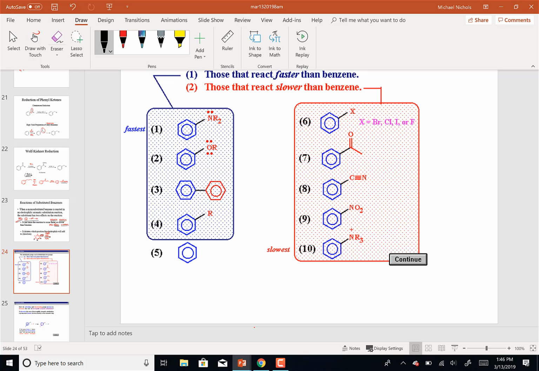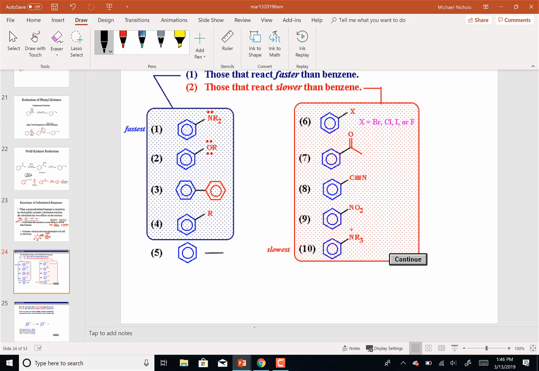But what I've done is split it in half, because here's benzene. The first 4 groups cause the benzene to react faster. Those are my activating groups. The rest of the groups, these 5, make the benzene react slower. Those are the deactivating groups.